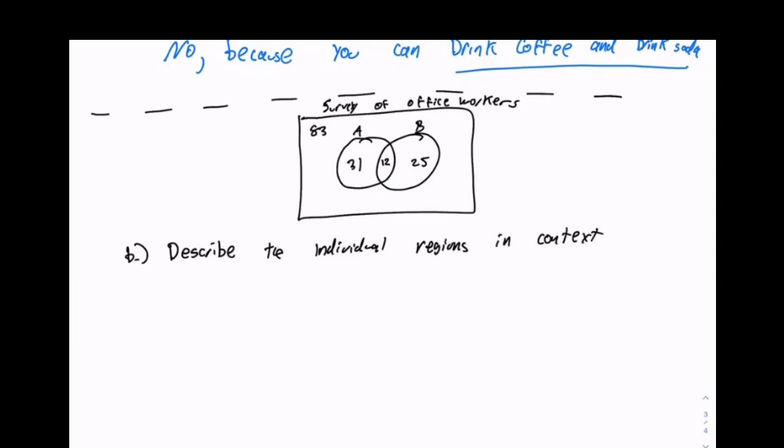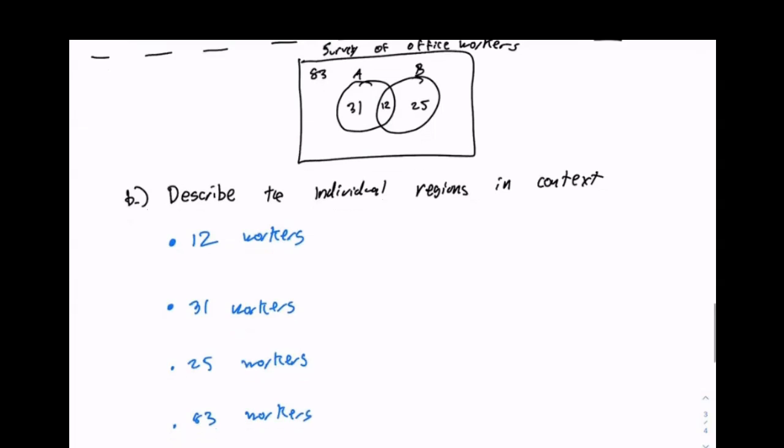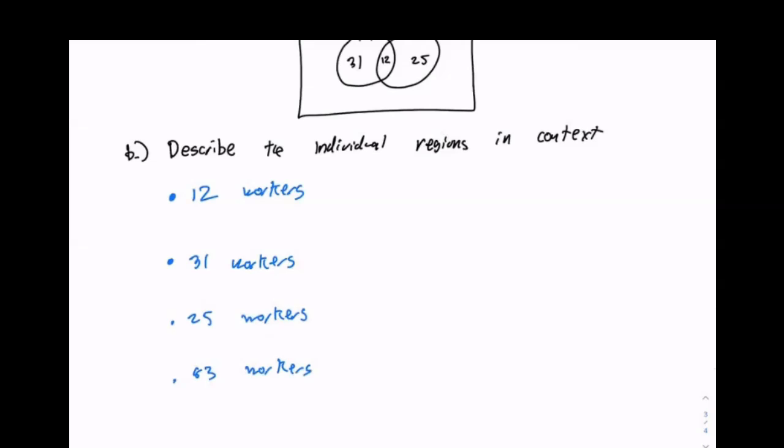So let's start there. 12 workers. That's our first one. The next one, 31 workers, 25 workers, and then finally 83 workers. Let's define these 4 individual regions.